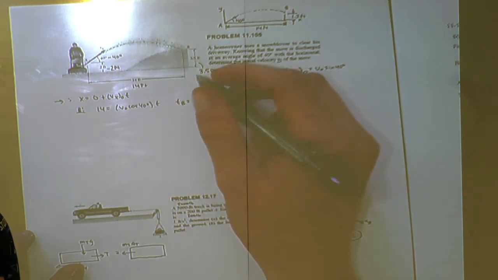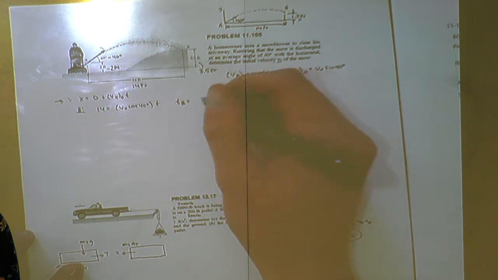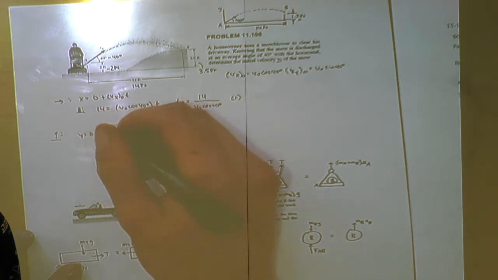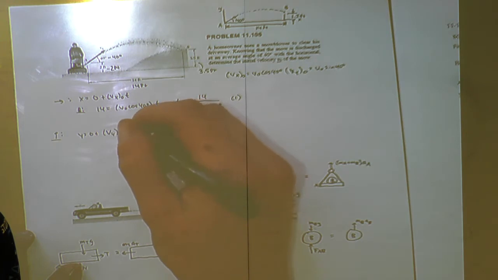So solving for that, we have TB equals 14 over VO cos of 40, and that's equation 1. And then for vertical motion, we have y is equal to 0 plus Vyo times t minus 1/2 g t squared.